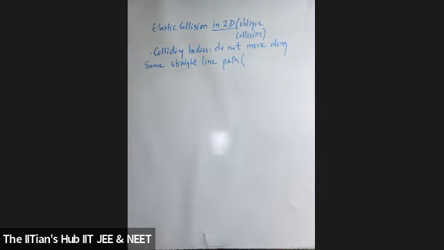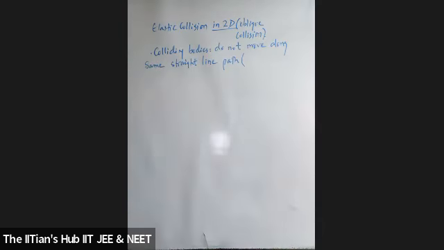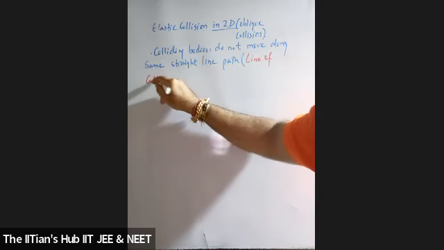Students, what is this called? Anybody can tell me what the straight line path is called? Line of collision. Very good. Line of collision or line of impact.